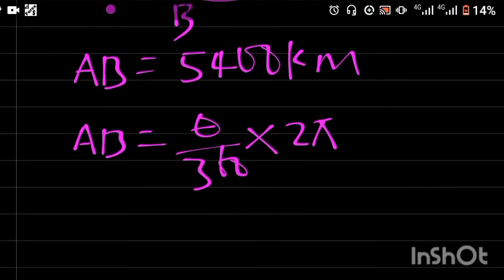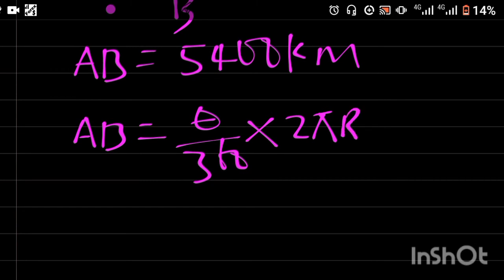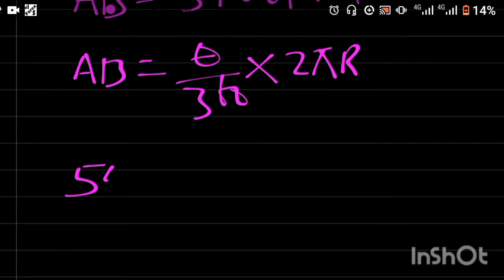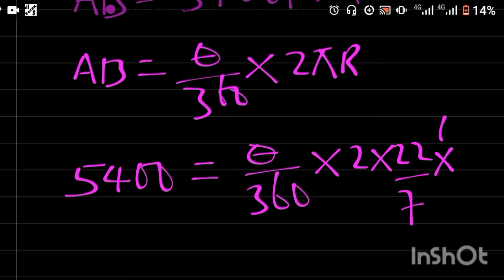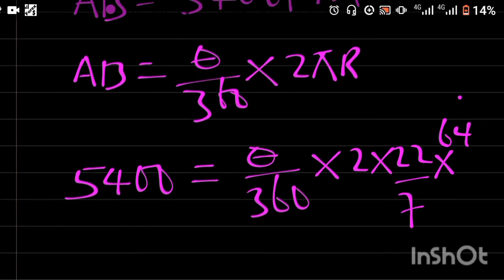So we are using big R, and our big R is actually 6,400 kilometers. 5,400 is equal to theta over 360, I want to calculate my angle, the angular difference between the 2 points, times 2 times 22 over 7 times 6,400.